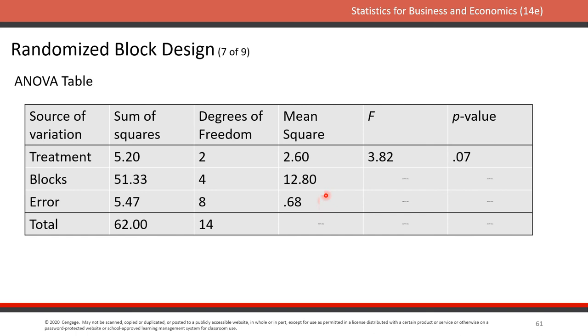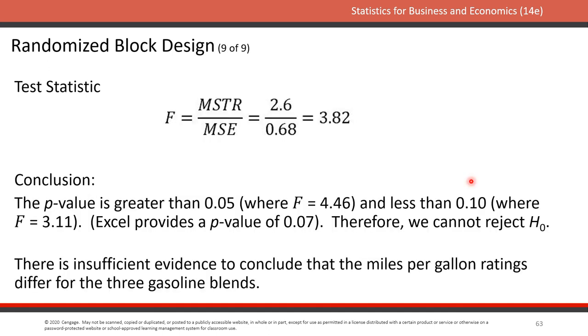And we'd say there isn't enough evidence to determine that there's a statistically significant difference between the miles per gallon for the different gasoline preparations after accounting for the different types of vehicles we used in the experiment. And that's the cool conclusion with this, is we can say things like there is a difference, or there isn't a difference, after accounting for the type of vehicle we used in the experiment, which is a pretty strong statement.